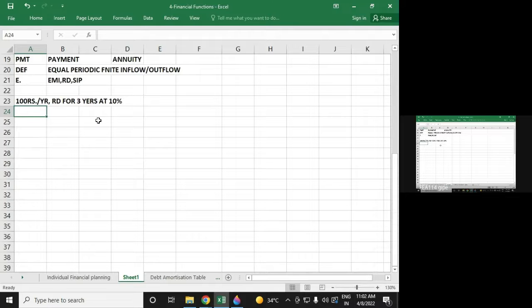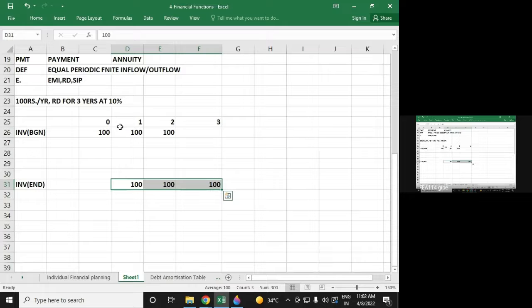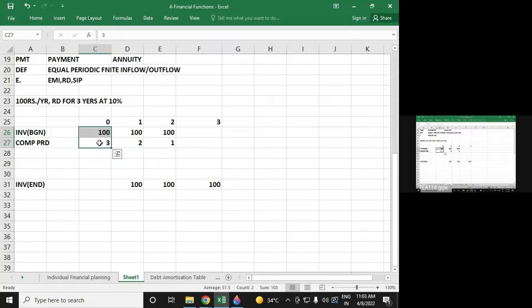So let us try to see how this problem statement can become twofold by looking at how the 100 rupees is getting invested. तो आप 100 3 बार इस दो तरीके से इन्वेस्ट कर सकते हैं, ईयर के स्टार्ट में या ईयर के एंड में. हियर वी आर सेइंग कि 0 ईयर मींस फर्स्ट ईयर के स्टार्ट में हमने 100 रुपए डाल दिए. हियर वी आर सेइंग फर्स्ट ईयर के एंड में 100 रुपए डाल दिए. तो ये 100 रुपये पे हमें 3 इयर्स के लिए इंटरेस्ट मिलेगा. आवर कंपाउंडिंग पीरियड्स विल बी 3 इयर्स फॉर द फर्स्ट installment, 2 for the second, 1 for the third.